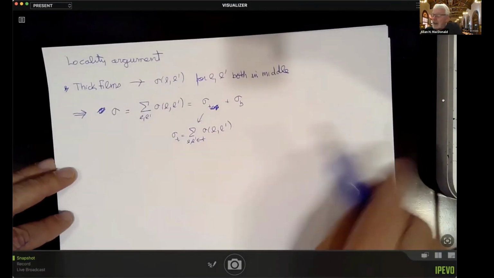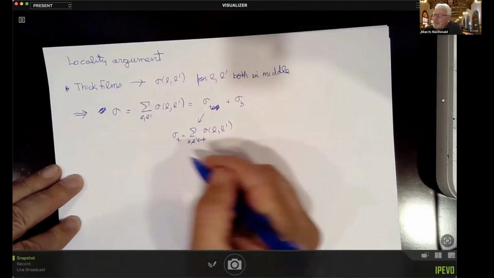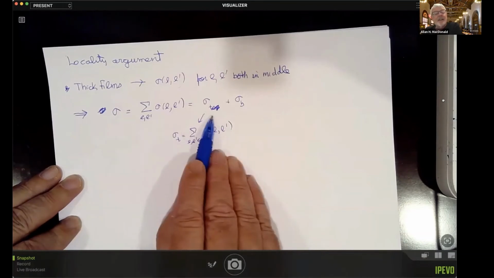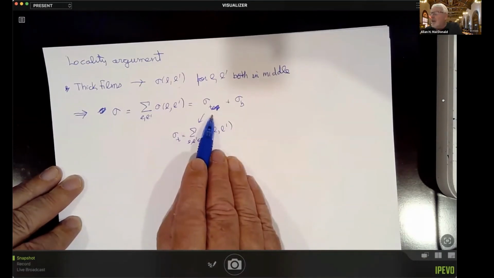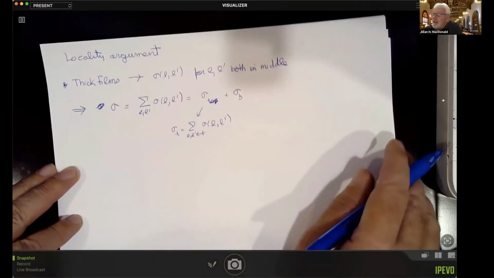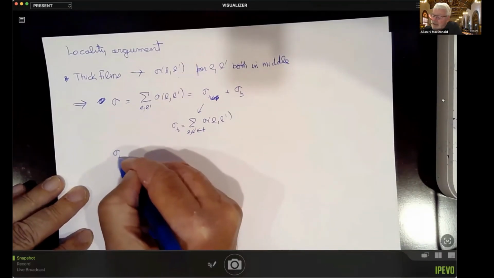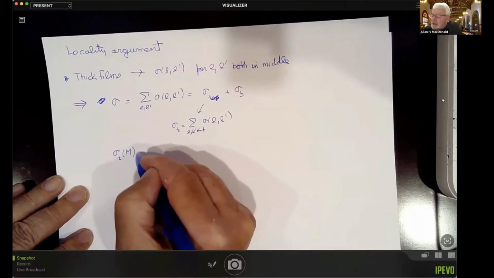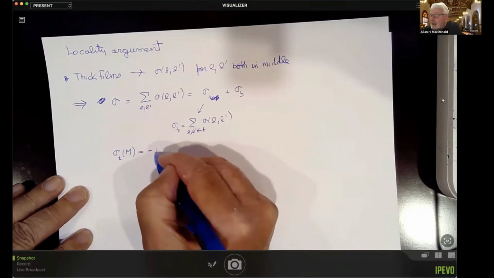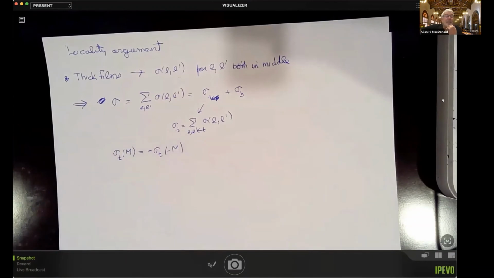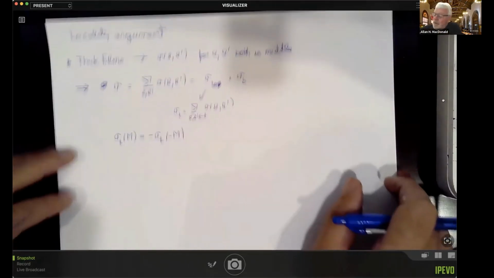So let's just believe that for the moment. Then each of these quantities, the total and the top layer and bottom layer, are related to the surface magnetism, and they also must satisfy a time reversal property, that if you change the sign of the surface magnetism, then the sign of the Hall conductivity will change.